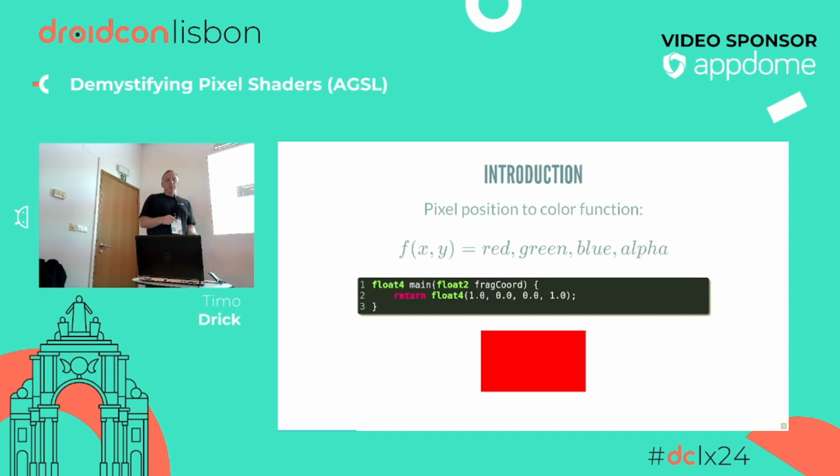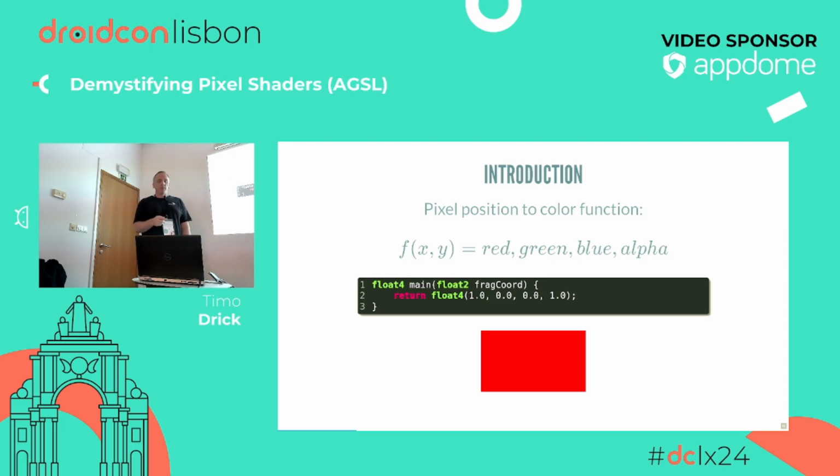And yeah, unfortunately, it's a completely separate language. It's not Kotlin or Java. So you have to learn a new language. It's similar to C, some kind of C. But as you can see here, we define one main function.